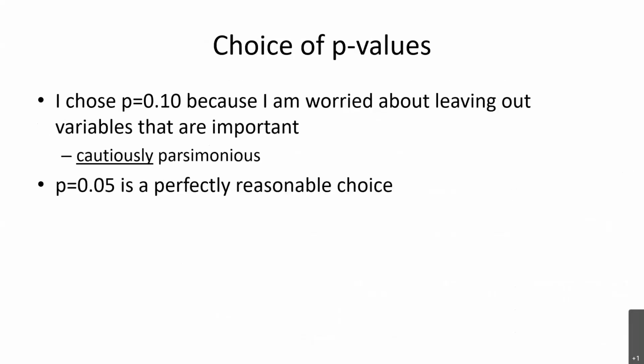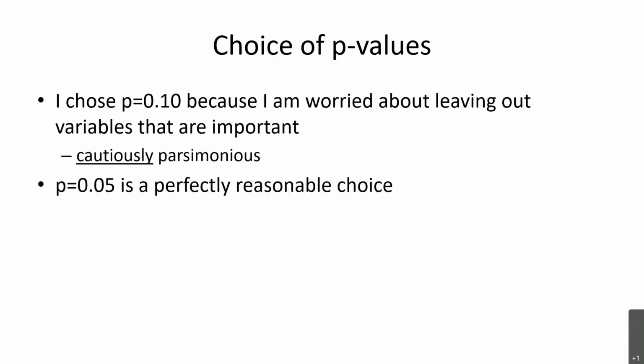I want to make one more comment on this. I chose a probability to enter value of 10%. So that's the significance level, right? And why did I choose 10% rather than 5%? The reason is as follows. I can make two types of mistakes. I can add a variable that really is a noise variable.